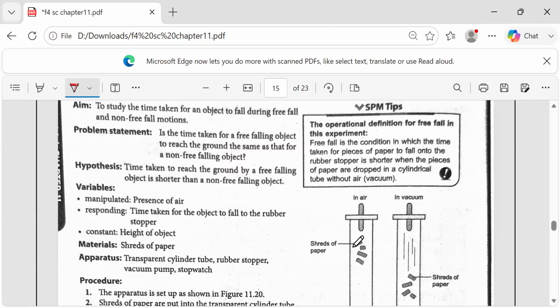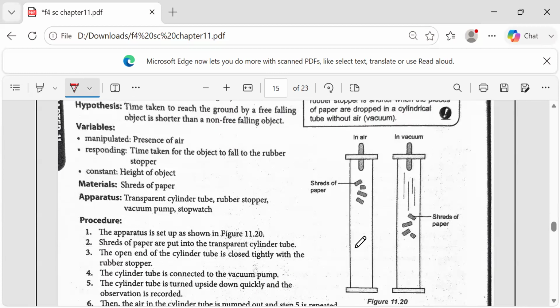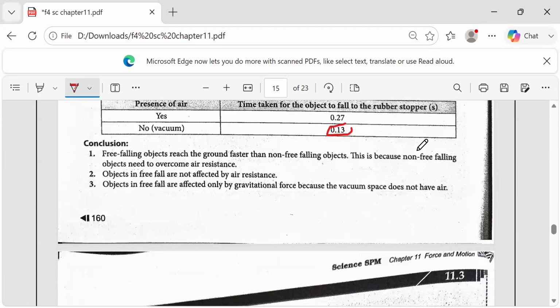So when the paper is falling, the air particles will push it back up. But if it's a vacuum, vacuum means no particles. So there's nothing to push it back up. Alright? A.